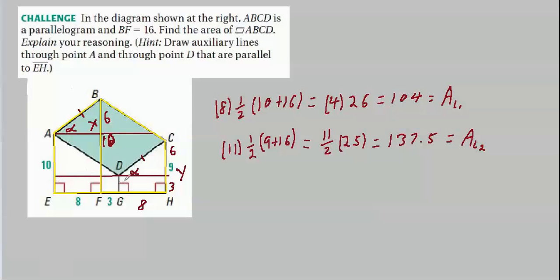May not be the most brilliant way to label things, but I think it'll work. So we have this large area over here, ABFE. Maybe I should actually write that in so you know what I'm talking about here. A sub L1, that's this one. Whereas A sub L2, that's this one over here.